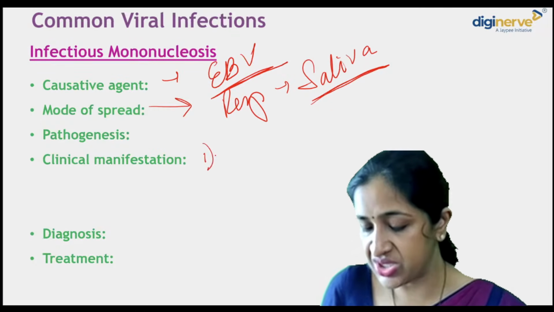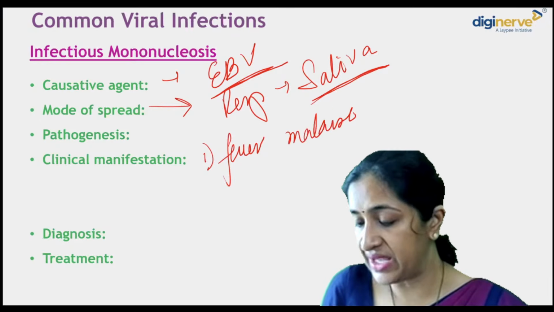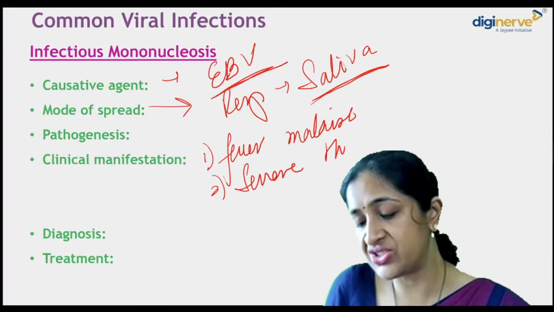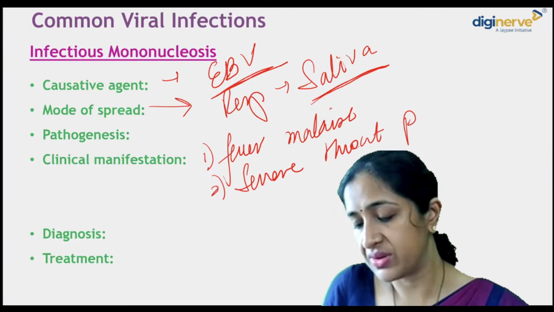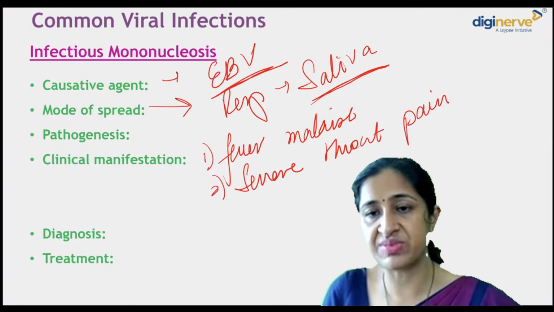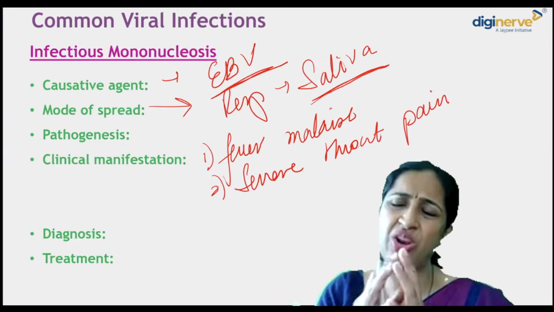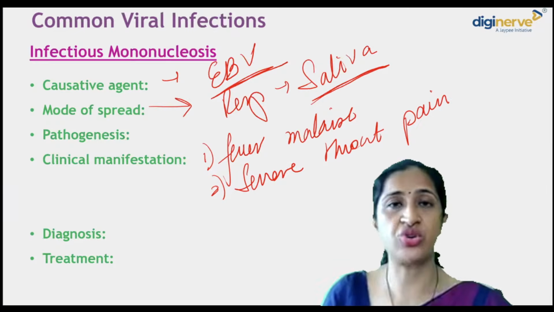Clinical manifestation starts with high grade fever, malaise, severe sore throat. I have seen children who are unable to eat and drool saliva because of Epstein-Barr virus infection, with severe edema of the soft palate, a lot of congestion, bleeding, petechiae, white patch on tonsil.